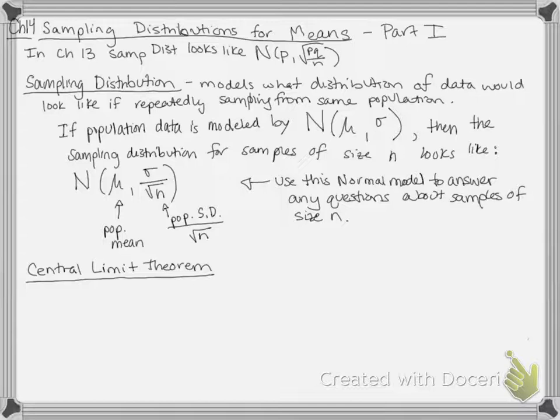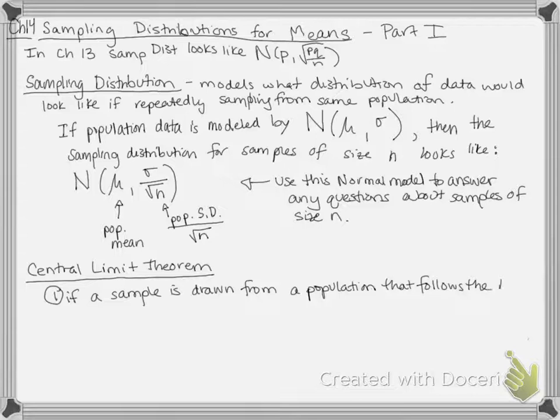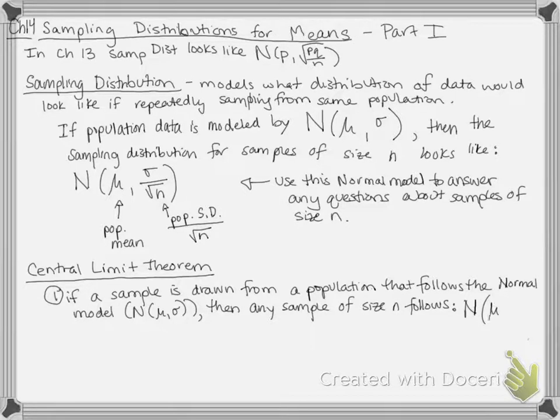If a sample is drawn from a population that follows the normal model, that would be the mu and sigma we just saw above, then any sample of size n follows the model we just discussed, where we take our original standard deviation from the population and divide by the square root of that sample size.